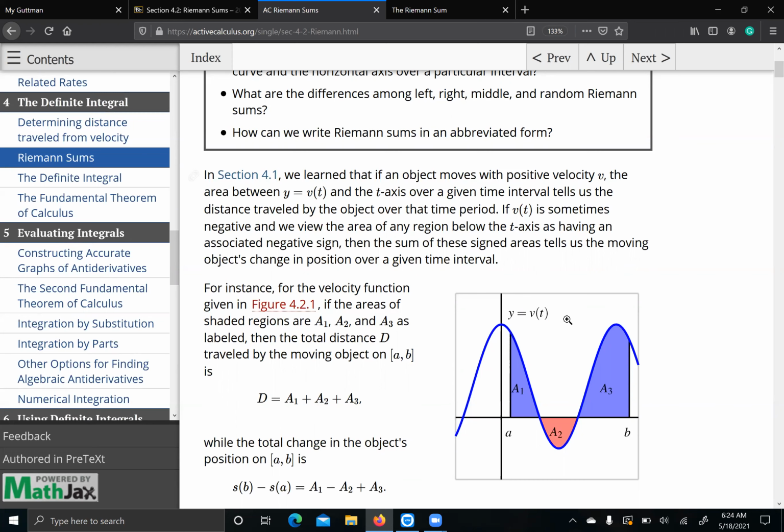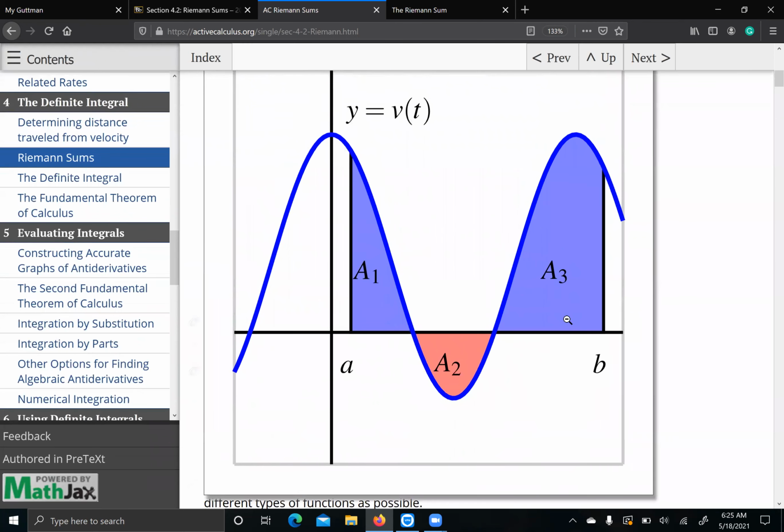Then if we want to find the distance traveled by this object over a specific period of time, we can just find the area under the curve, up to the horizontal axis. Like in this picture, let's say the object moved over the time interval a to b, and the blue curve is the velocity.